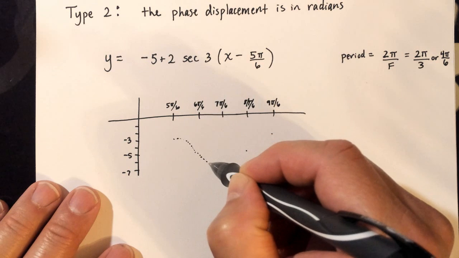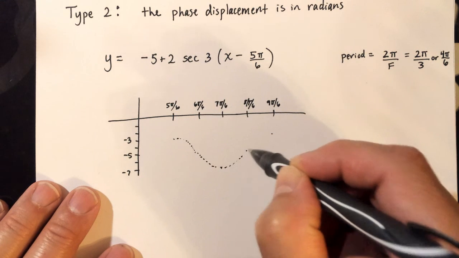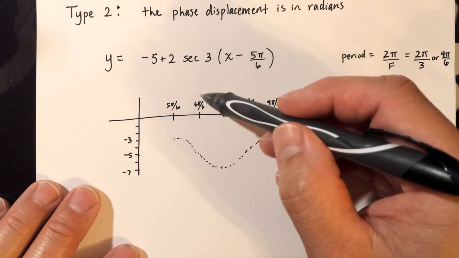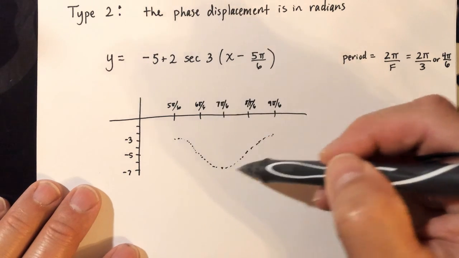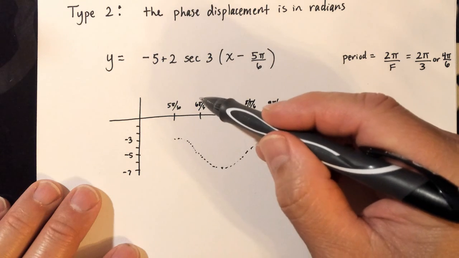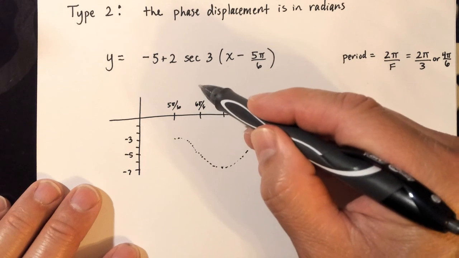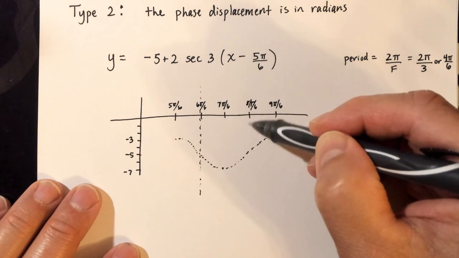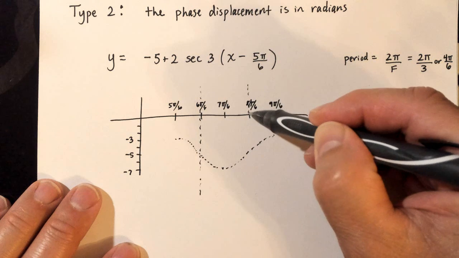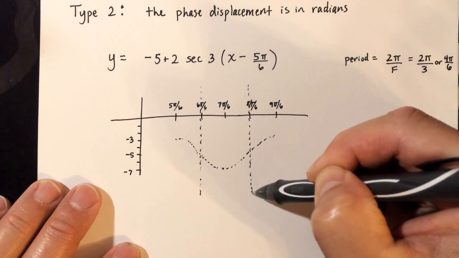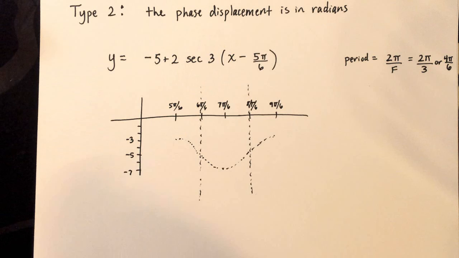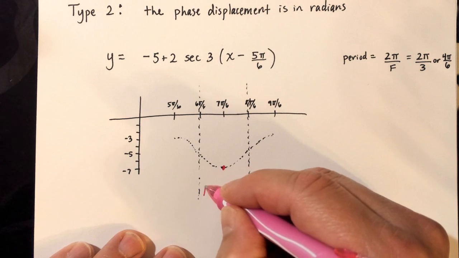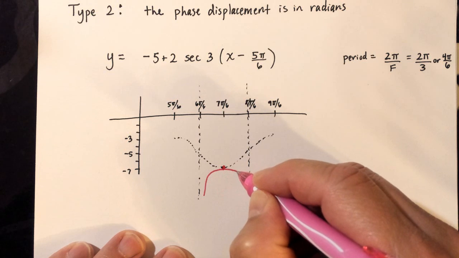The asymptotes occur when the parent function hits the middle of the road. So right here is a vertical asymptote, and right here is another vertical asymptote. And then this is secant.